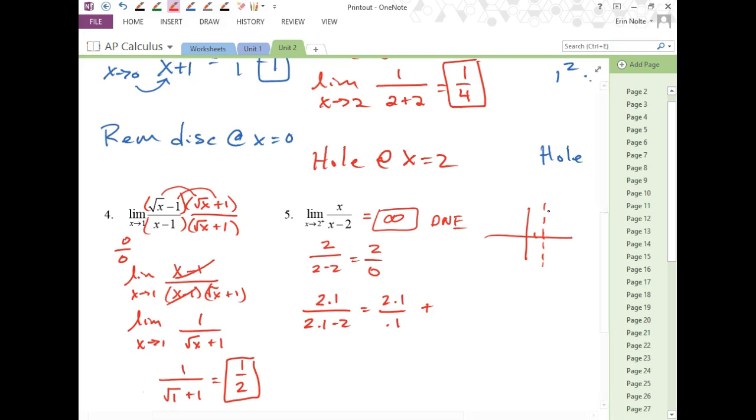You're looking at the biggest exponent, so we're looking at the x over the x. If it's bigger on the top, it has a slant asymptote. If it's bigger on the bottom, it has an asymptote at 0. If they're the same, then you use the coefficients that are in front of them. So this scenario would be the same because it's an x over x. So what are the values that are in front of those x's? 1. So there happens to be a horizontal asymptote at 1.